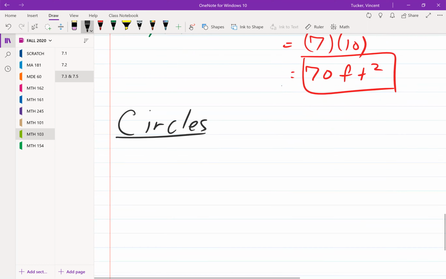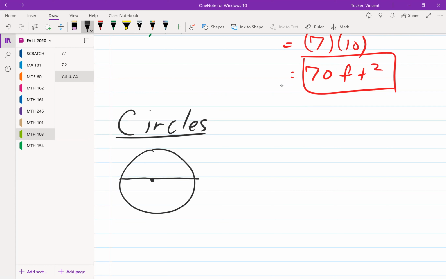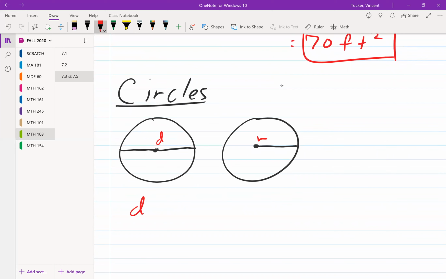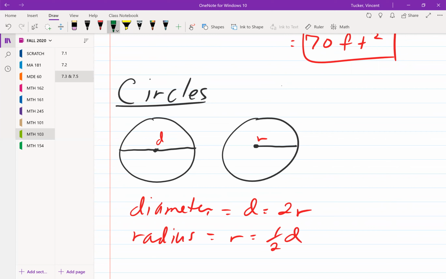Okay, let's look at circles. All right, so when we're talking about circles, you could be given your information for your circles one of two ways.